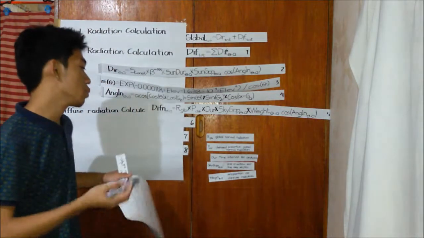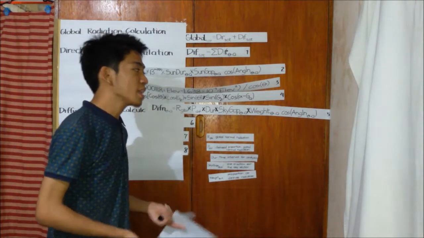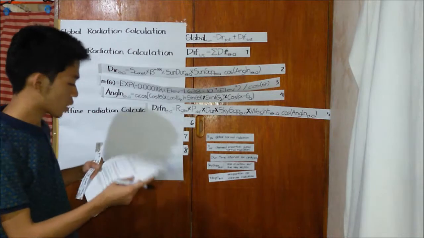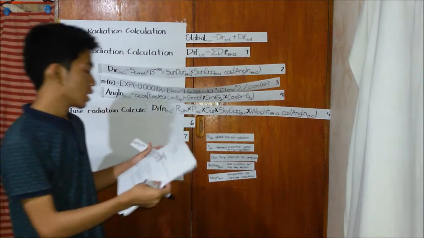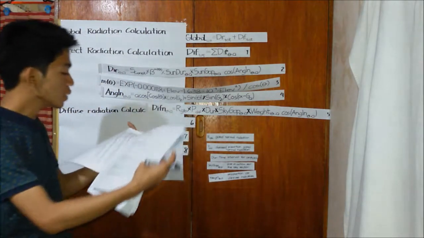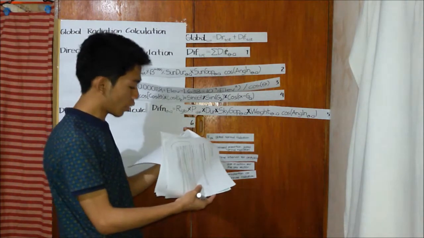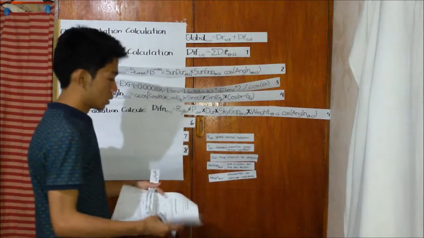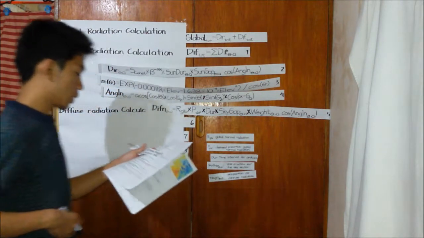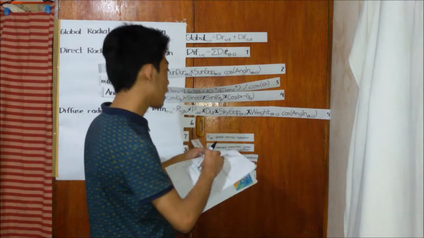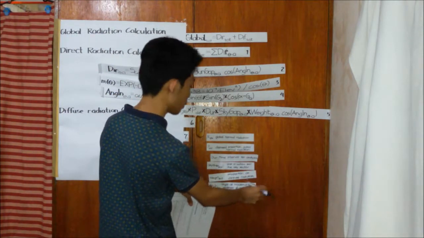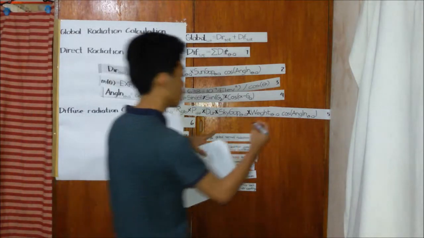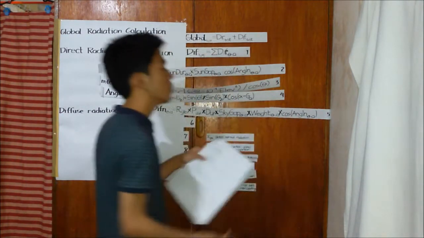And multiplying by the cosine of the angle of incidence between the centroid of the sky sector and the axis normal to the surface, times the cosine of the angle of incidence between the centroid and the intercepting surface.